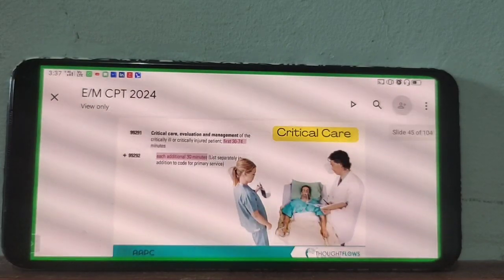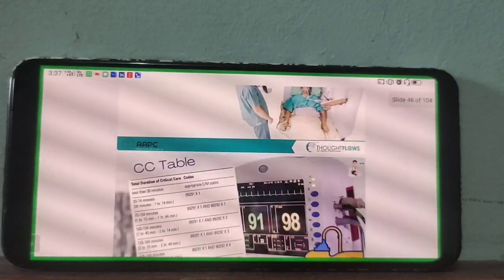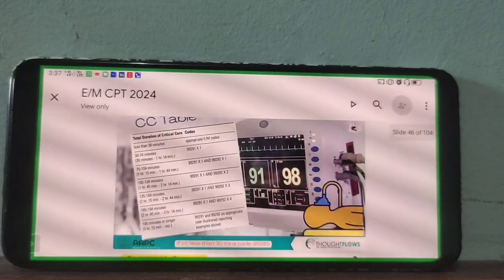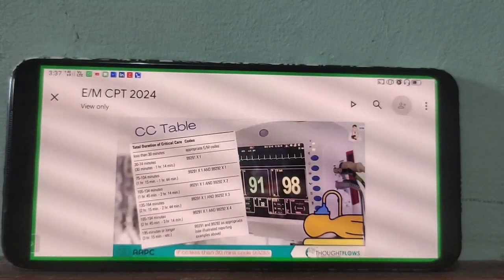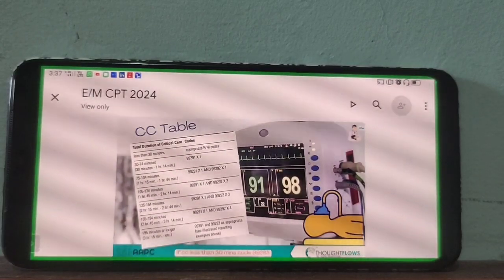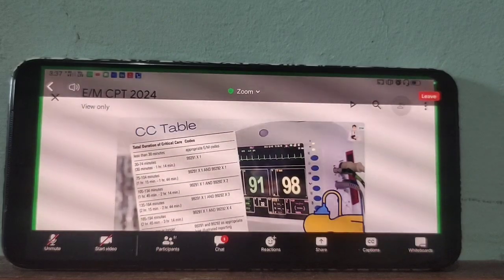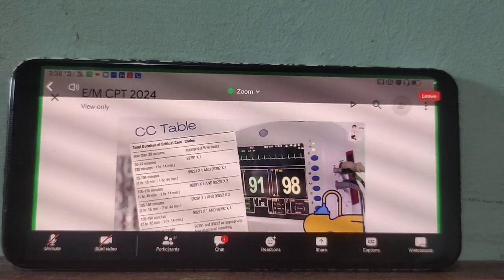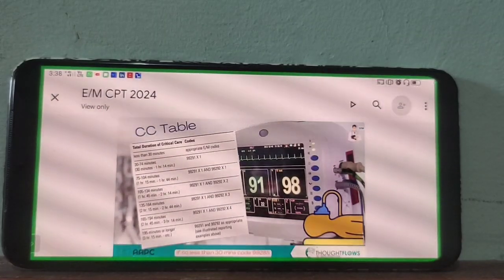Now, here we have a table. By using this table, you can easily fetch the code. If the total duration of critical care service is less than 30 minutes, you should report the appropriate E&M code.